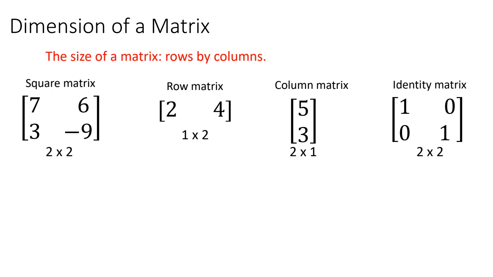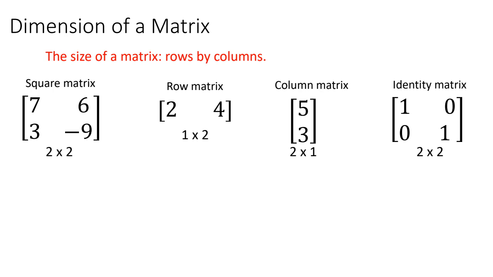All right. So the dimensions of the matrix, or the book sometimes mentions the size of the matrix, both mean the same thing. This describes the number of rows and columns a particular matrix will have. For instance, in our first example, we have a square matrix, which means we have the same number of rows and the same number of columns.